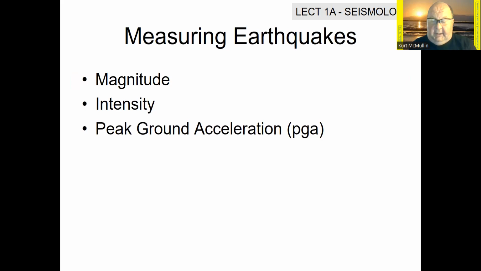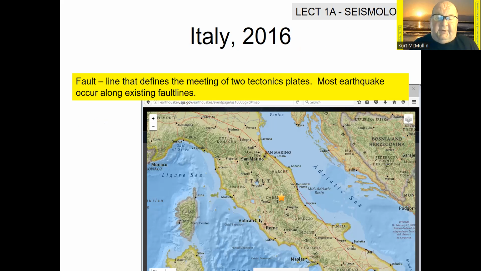The other term that we're probably more familiar with is the epicenter. The epicenter is the point on the Earth's surface that's directly above the hypocenter. So it's really the point on the outside of the Earth's surface that the earthquake occurred directly below.